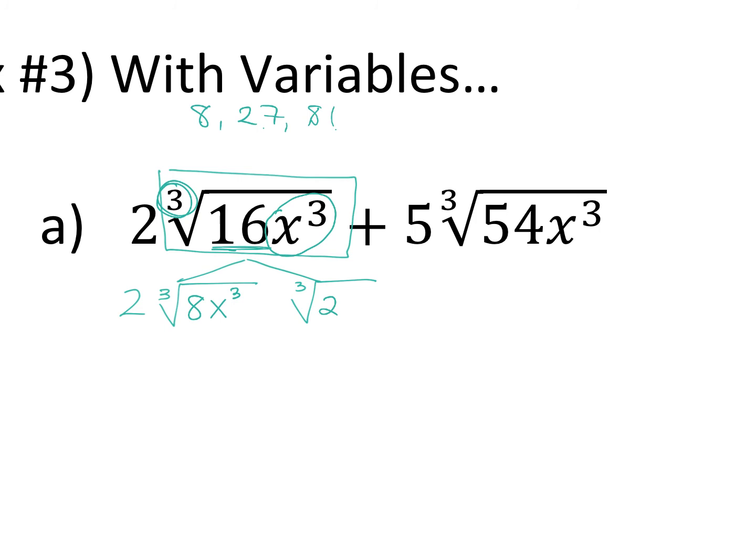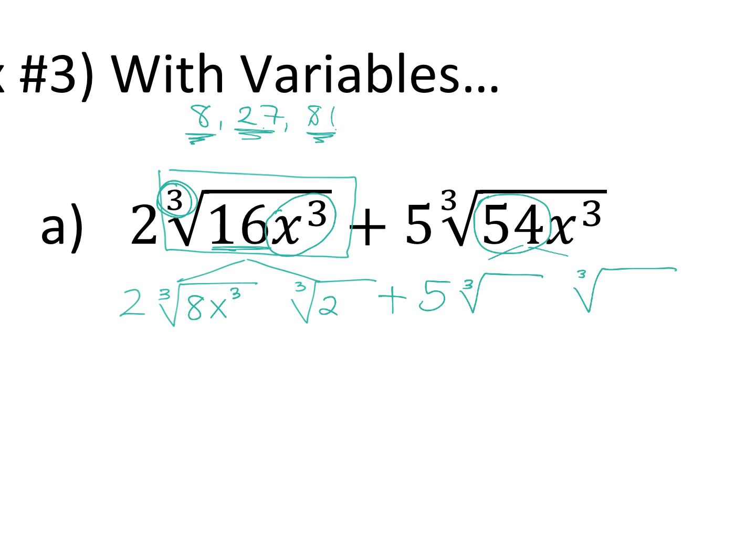So far, so good? Okay. Then from there, we still have this 5 out in front. And then we're going to break this into a perfect and a not perfect. Okay? So we need to look at the number, 54, and think, is 54 divisible by 8? Is it divisible by 27? Is it divisible by 81? Which one works?